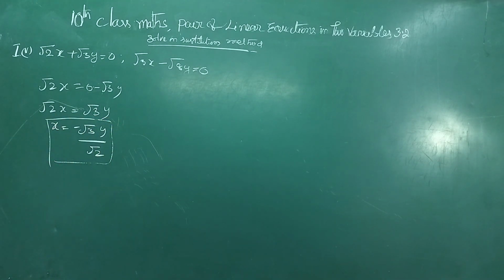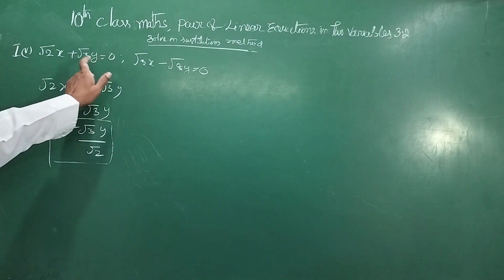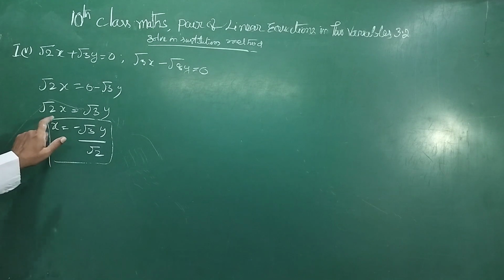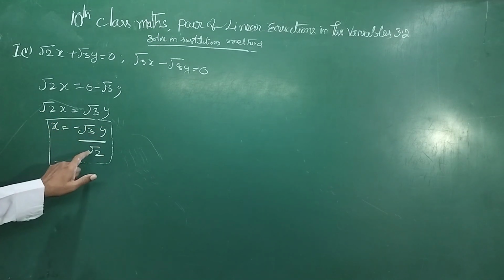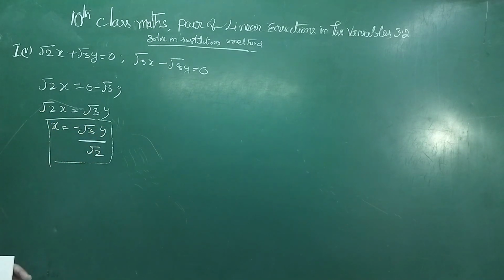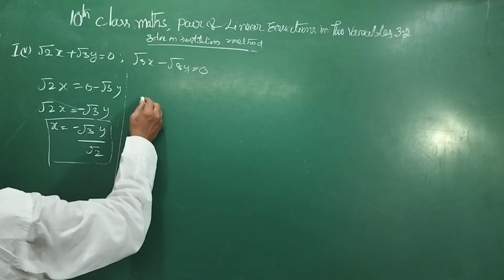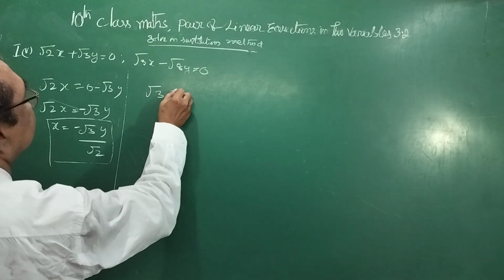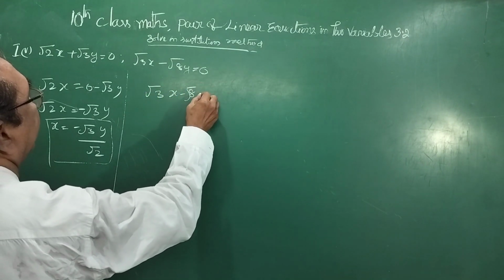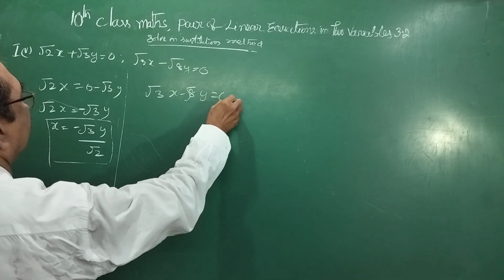Now, what did we do? Simply, we found 2x is equal to minus 3y, so x is equal to minus 3y by root 2. That we found. Now, let us substitute this x value in the next equation. What is the next equation? 3x minus root 8y is equal to 0.